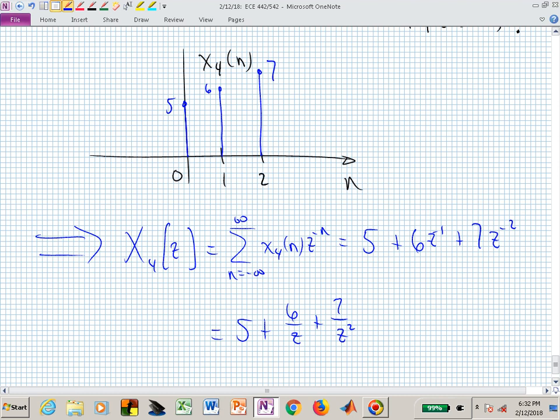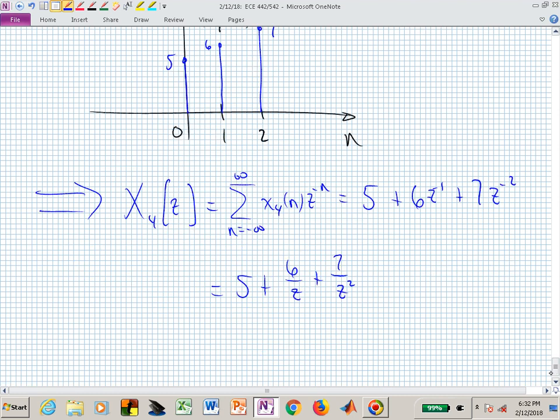So now, where is capital X sub 4 of z bounded? For what values of z? What's the region of convergence for this sequence? Is everybody clear that this is a finite sequence? It's non-zero only over a finite duration of little n's.